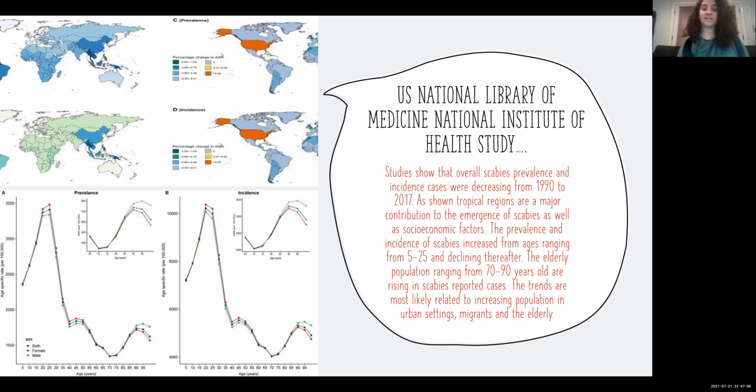The prevalence and incidence of scabies increased from ages ranging from 5 to 25 and declined thereafter. The elderly population, ranging from 70 to 90 years old, are rising in scabies reported cases. The trends are most likely related to increasing population in urban settings, migrants, and the elderly.